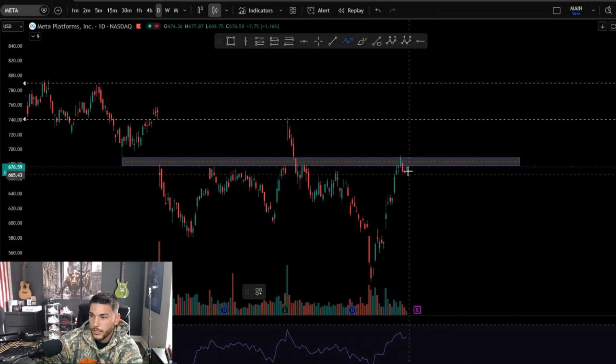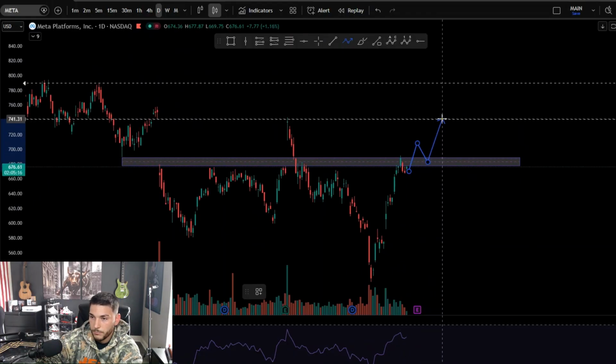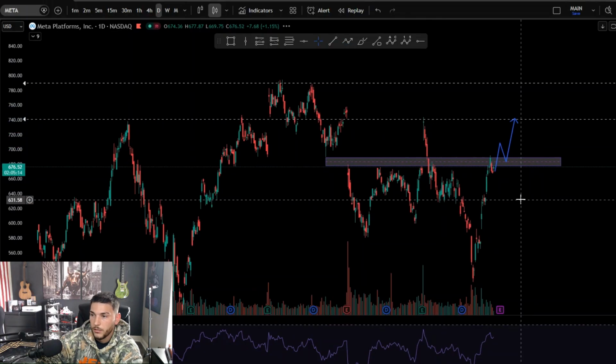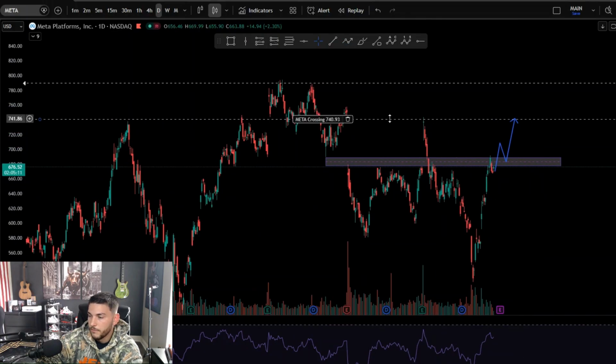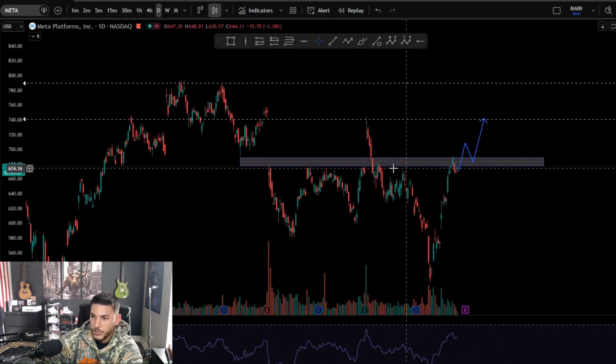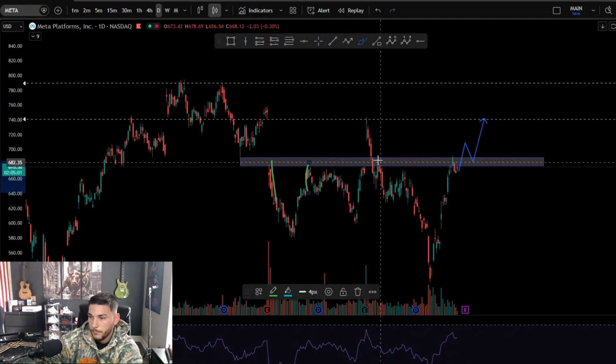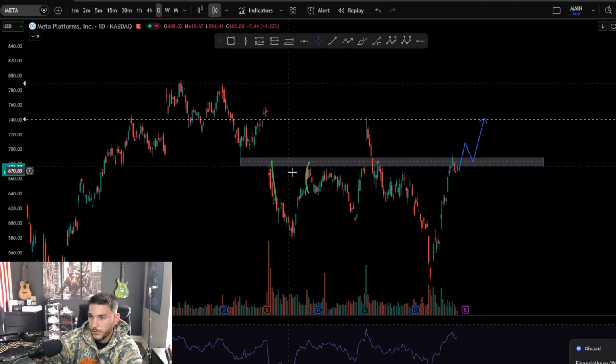But if we do break through it, we could use this as a retest to go to our next area where price rejected, which would be the 741, 740 area. You can see clear as day that price gets rejected every time. Boom, boom, boom. We fall every time we get there.